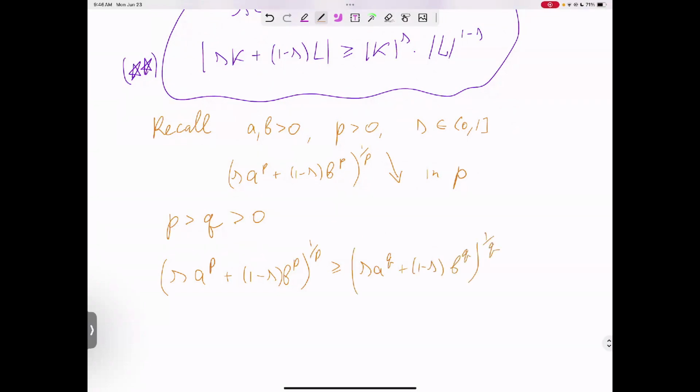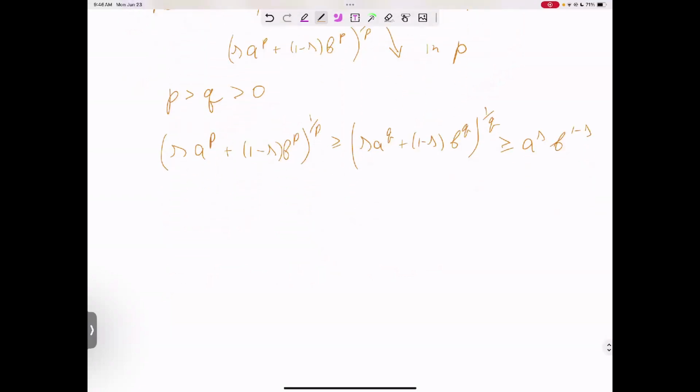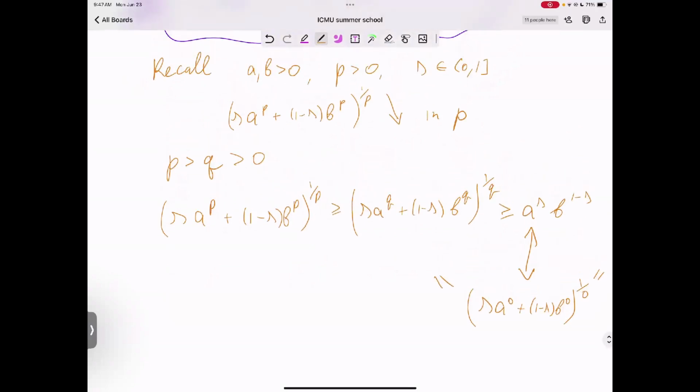And when p and q go to 0, this quantity actually becomes a to the power lambda times b to the power 1 minus lambda. So this corresponds to taking lambda a to the power 0 plus 1 minus lambda b to the power 0, to the power 1 over 0, informally. And this quantity is the smallest of this family.